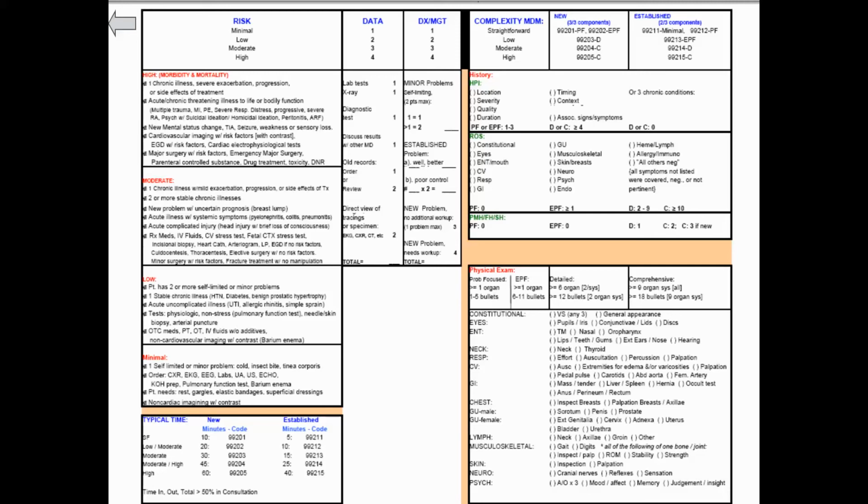If you order an EKG, that's a workup for the new problem. Somebody's coming in with chest pain, you get an EKG, that's a new problem with a workup. Suppose you have a patient and you order an HCG, that's a workup, or you order a wet mount, that's a workup too. So anything you order needing a workup gets 4 points.